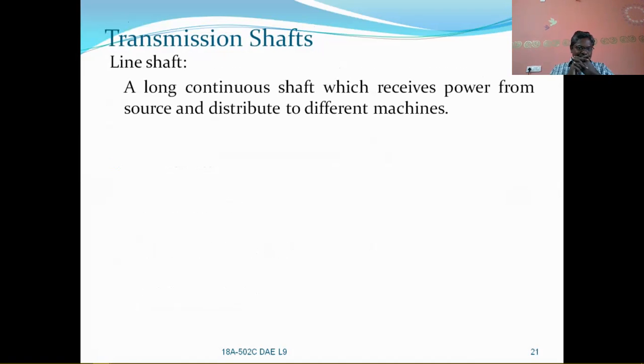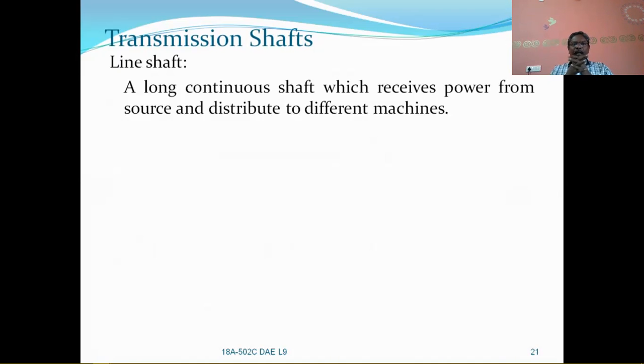Line shaft. It is a long continuous shaft which receives power from the source and distributes it to the different machinery.